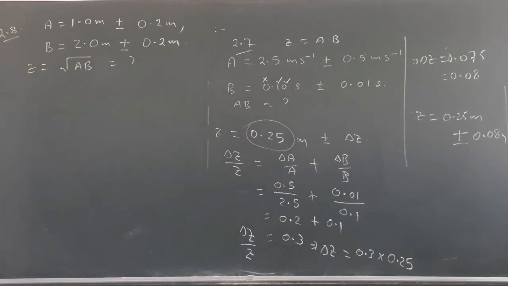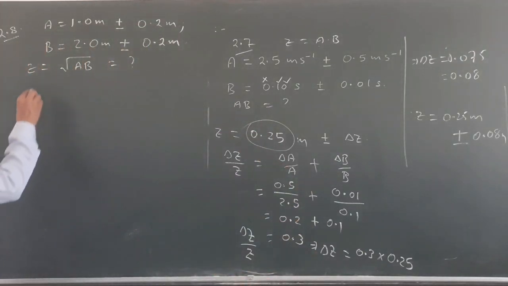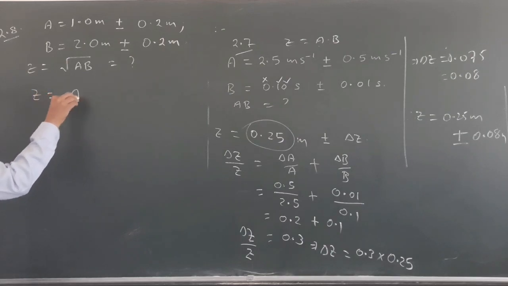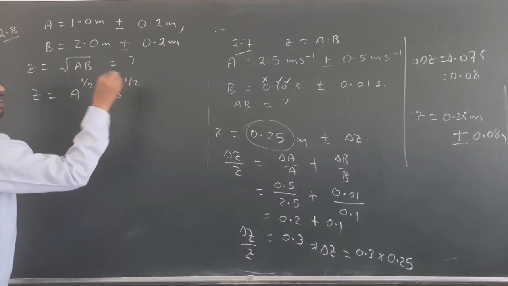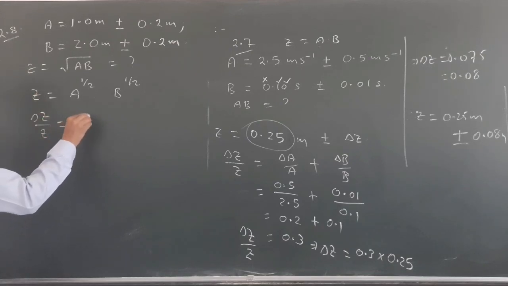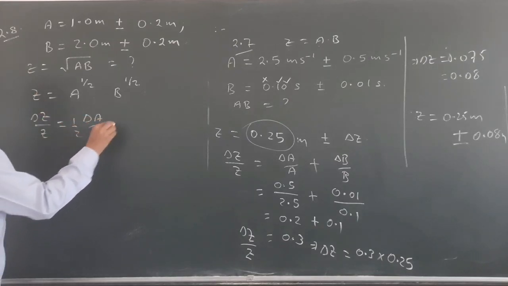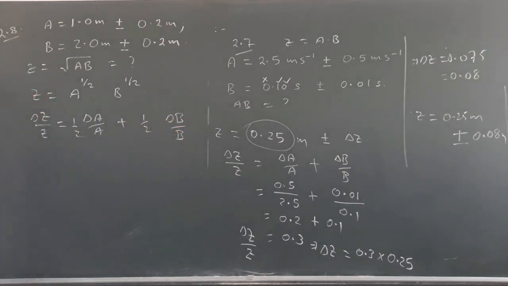So we have to calculate the value of Z. In principle, this method is similar to this one. But because there is root involved, I would like to do this. So Z is root AB. Root AB can be written as AB to the power half. So A power half times B to the power half. So the error part should be calculated using this formula. Delta Z by Z is equal to half of delta A by A plus half of delta B by B. Now what is delta A by A?